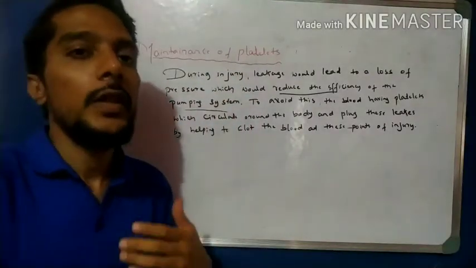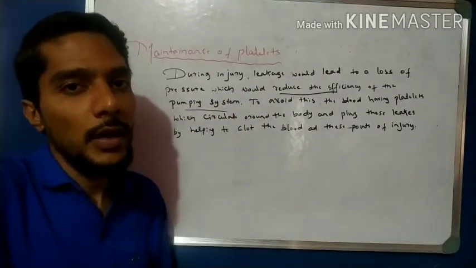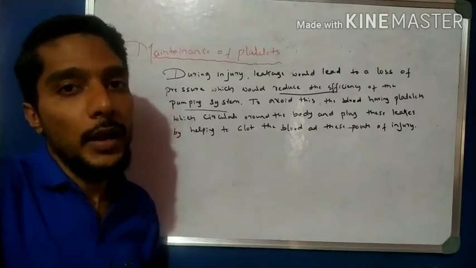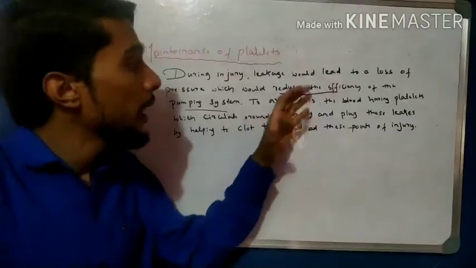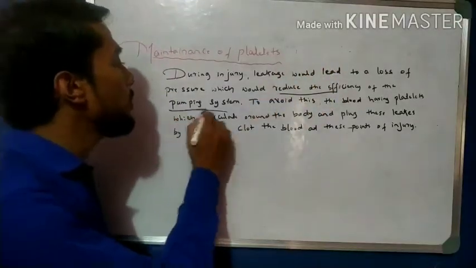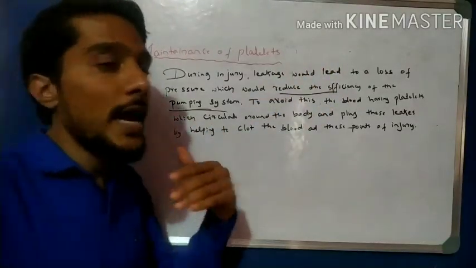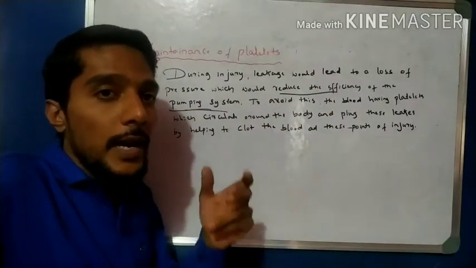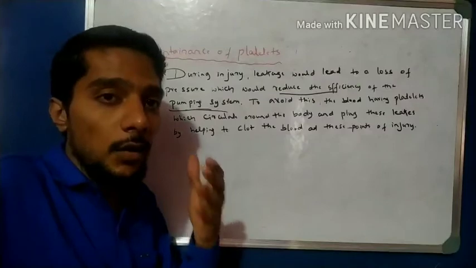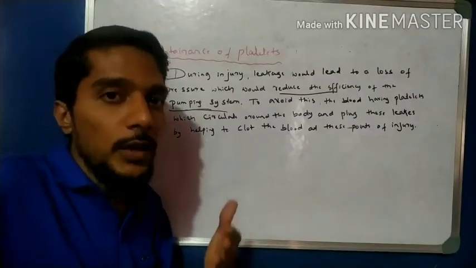During injury or accident we observe a leakage of blood, and heavy leakage of blood may lead to a heart attack or reduce the efficiency of the pumping system. So to avoid that inefficiency, we require another system that will clot the blood and stop the leakage.